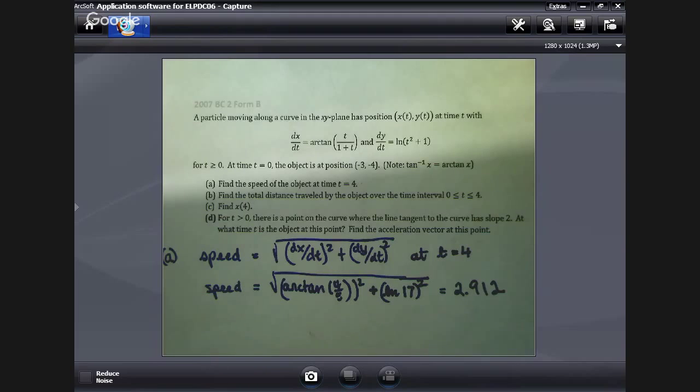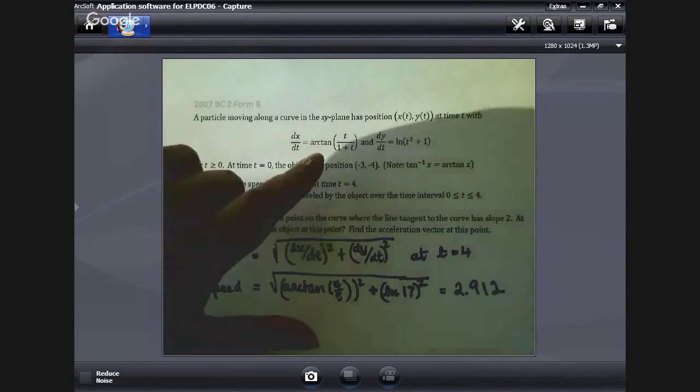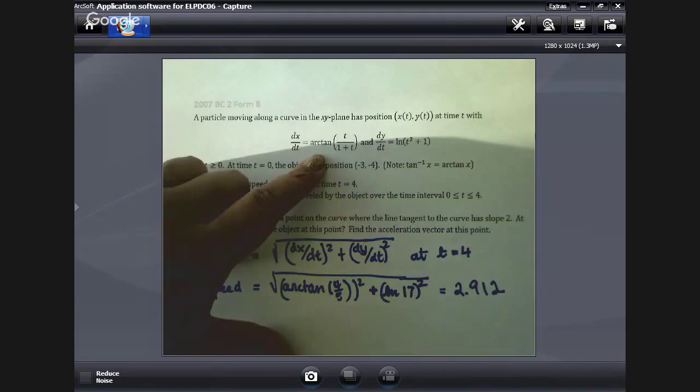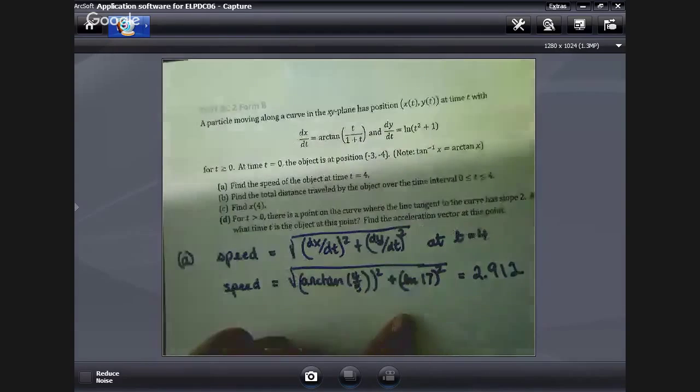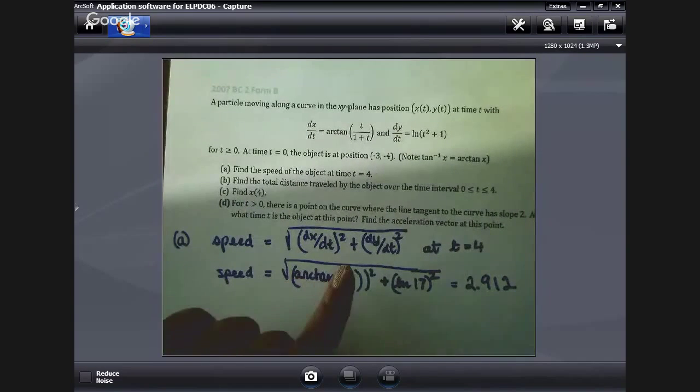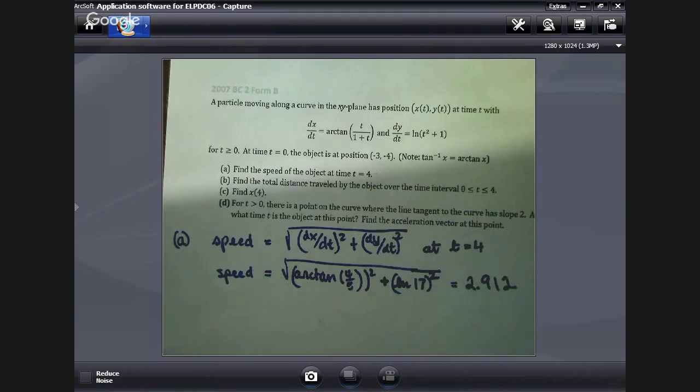In fact, if you're using a TI-84-ish type of calculator, I'd put dx/dt in y1 and dy/dt in y2, and that way when I'm down here, this is just y1 squared plus y2 squared, and I can just put in the 5.